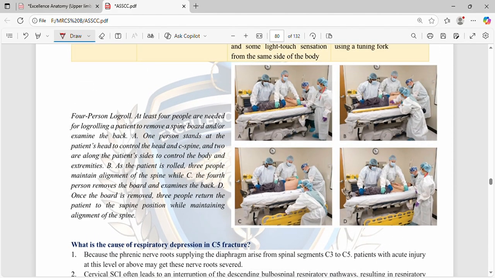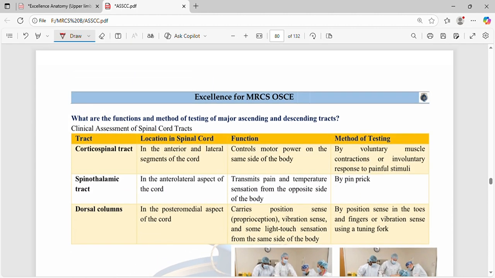So here we have this chart. The corticospinal tract is in the anterior and lateral segments of the cord; some fibers are in the anterior and some fibers are on the lateral side. It controls motor power on the same side of the body by voluntary muscle contraction or involuntary response to painful stimuli. The spinothalamic tract is in the anterolateral aspect of the cord and transmits pain and temperature sensation from the opposite side of the body, tested by pinprick.